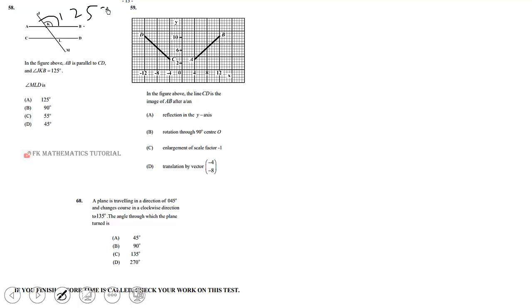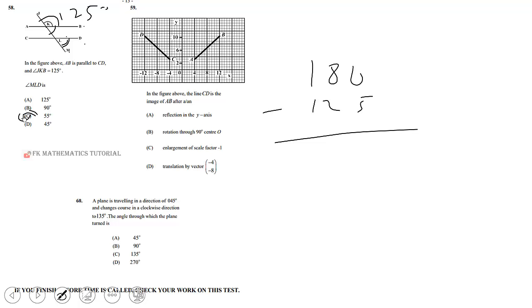We want to find angle MLD. MLD is the angle here. So this angle here is equal to this angle, which is 180 minus 125. So you borrow from here, that will give you 55. That's 55 degrees. Option C.